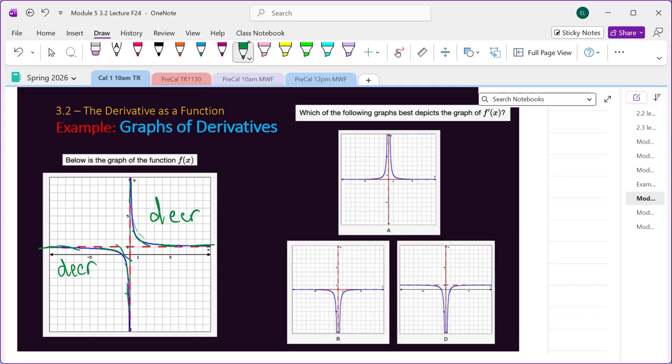So when I look at A, because these are all our attempted guesses at what the graph of the derivative is going to look like, I want almost all of my y values to be negative. In A, these are all positive y values.